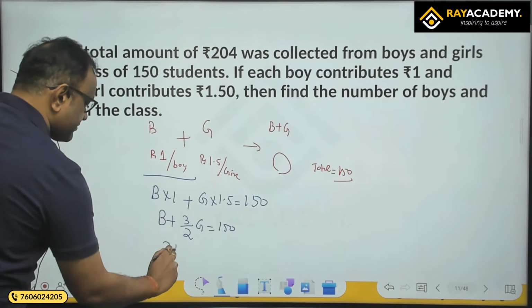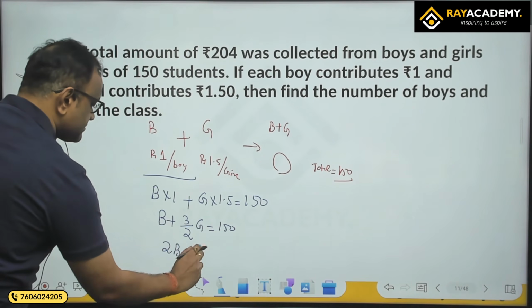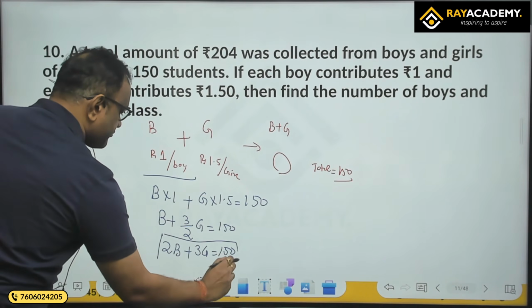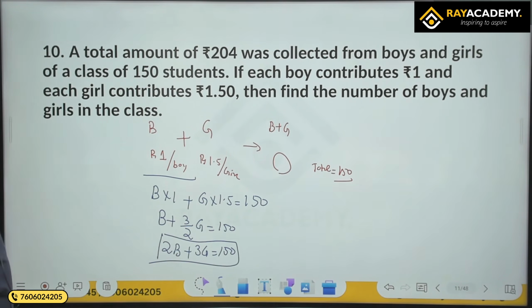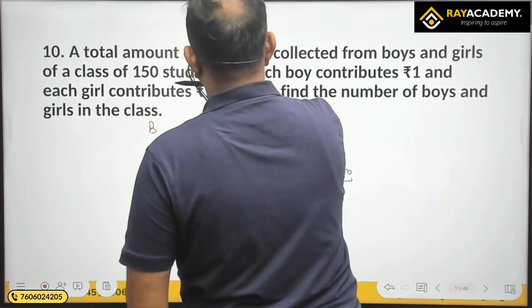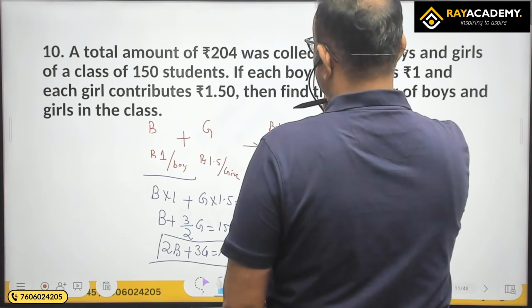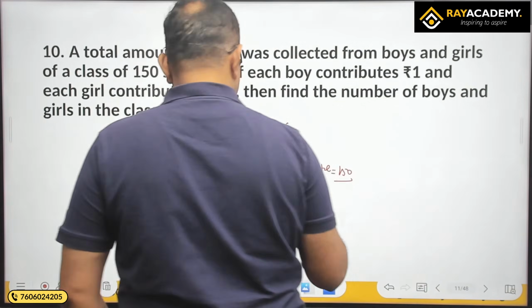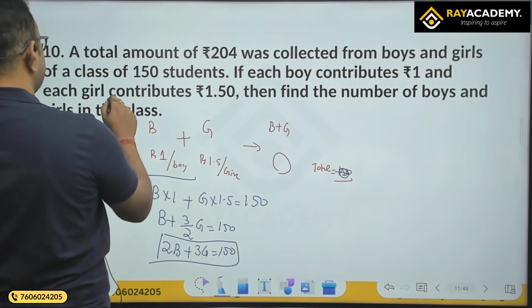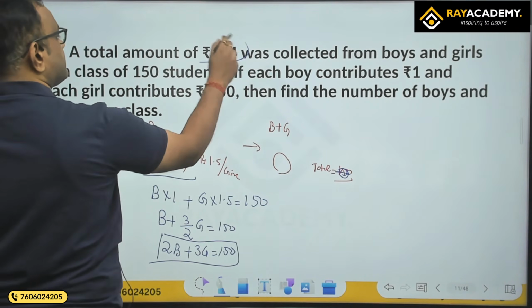So your equation becomes 2B plus 3G equal to 150. Oh, I have taken it differently. It should not be 150. It is total rupees, which is given as 204. Okay, sorry.